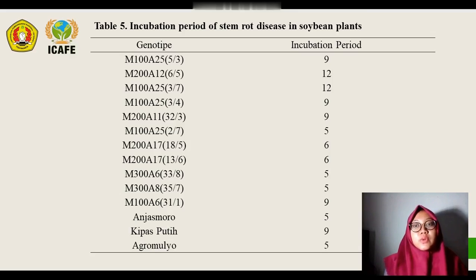The varieties Anismoro and Agromulyo, genotypes M100 A25 2/7, M200 A17 18/5, M200 A17 13/6, M300 A6 33/8, and M300 A8 35/7 showed the fastest incubation period, 5 days after inoculation, while genotypes M200 A12 6/5 and M200 A25 3/7 had a slower incubation period, 12 days after inoculation.